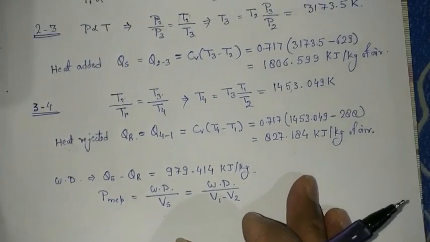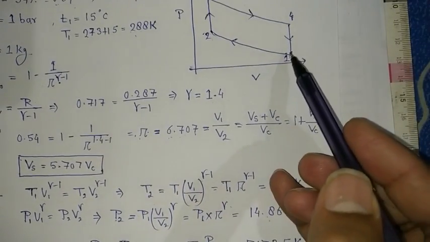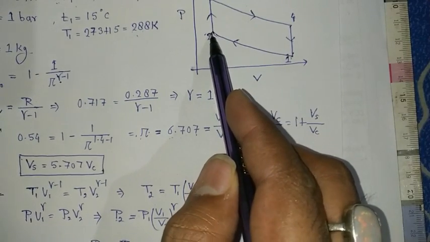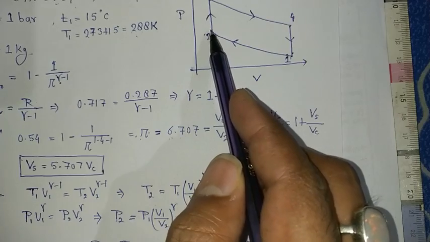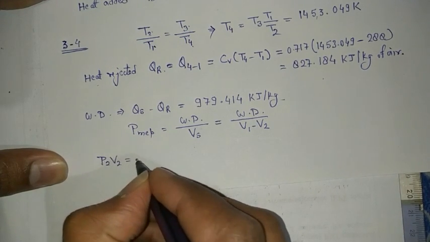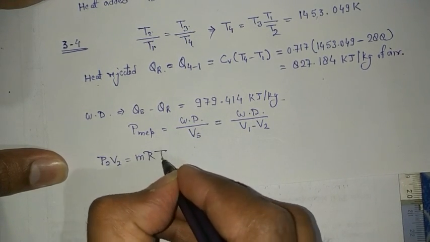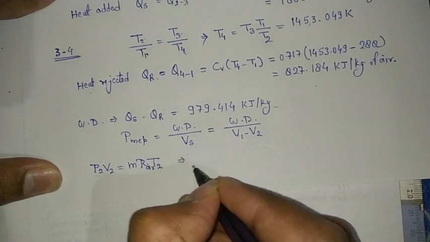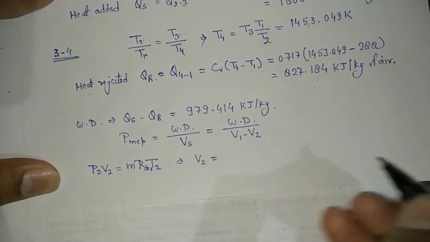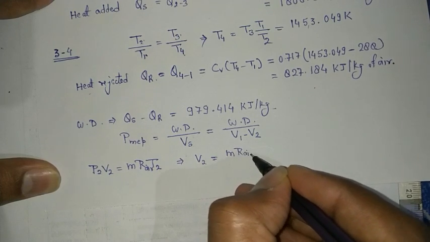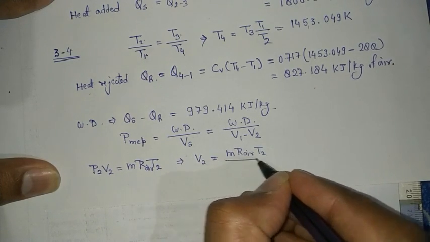So at point 2 we know the pressure, we know the temperature, so we can find out the value of volume. From the ideal gas equation, P2 V2 is equal to mR T2, where R is for air. So from here V2 is equal to mR(air) T2 by P2.